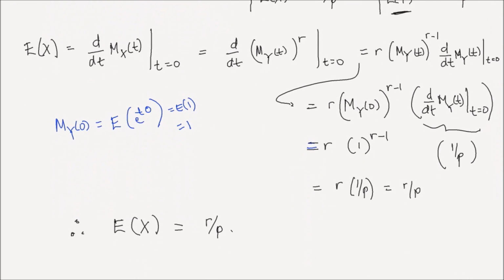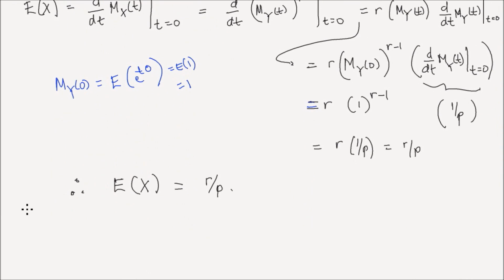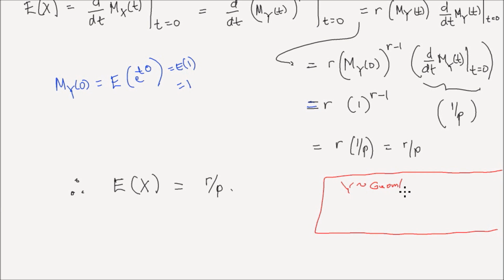Okay, now the last thing I'm going to do is find the variance of this negative binomial random variable X. Okay, to remind you again of the geometric distribution variance, so if Y follows a geometric distribution with probability of success p, the expected value of Y is equal to 1 over p, and the variance of Y was equal to 1 minus p divided by p squared.